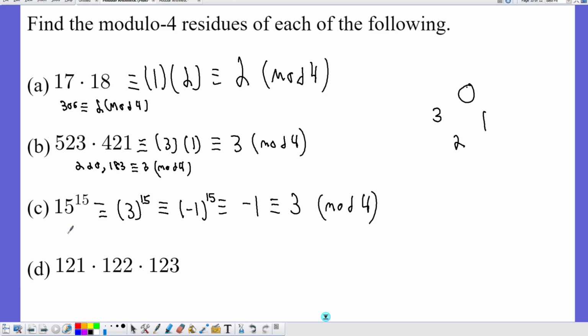So 15 to the 15th power is the same as 3 mod 4.